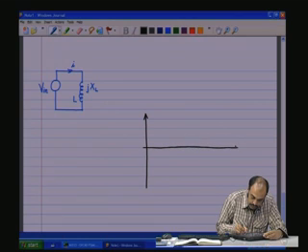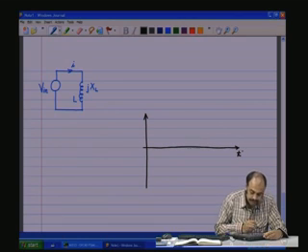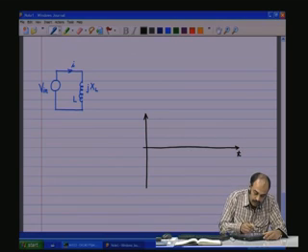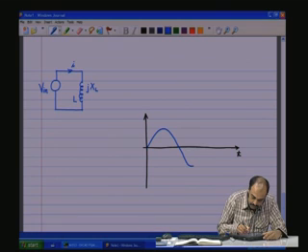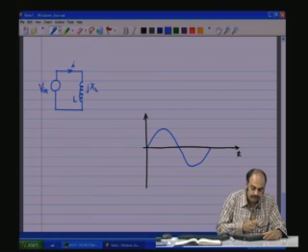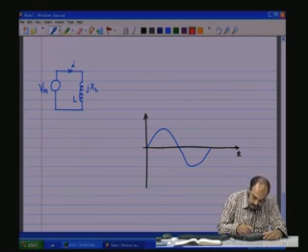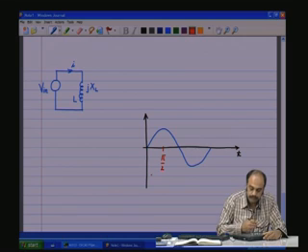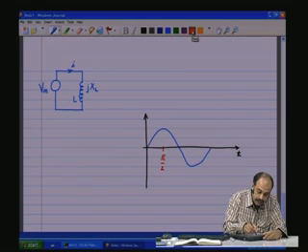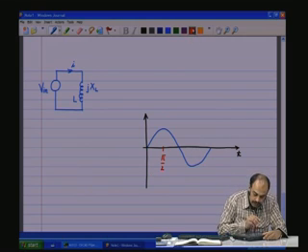for this pure inductive circuit. So, the voltage is considered as the reference waveform starting from 0 like that, and this is the 90 degrees point, or shall we say pi by 2 point. Then the current waveform is going to lag the voltage by 90 degrees.